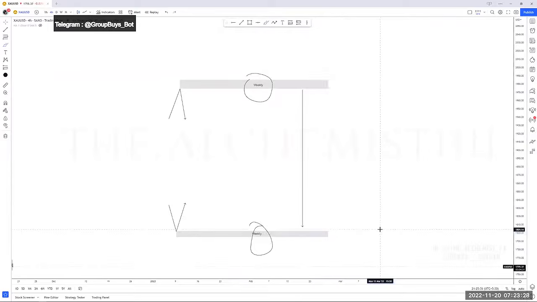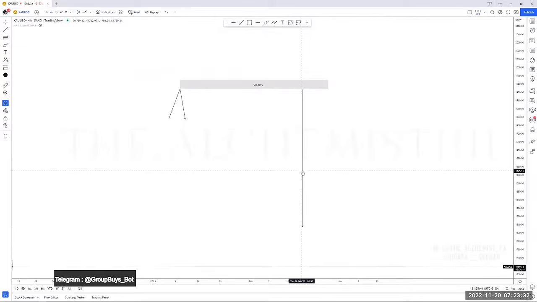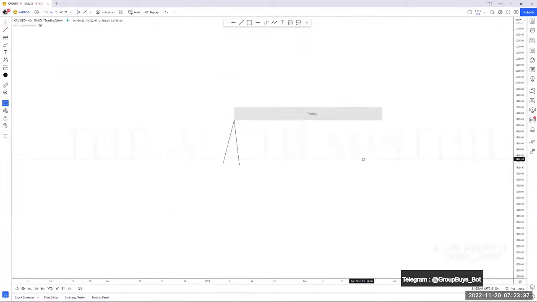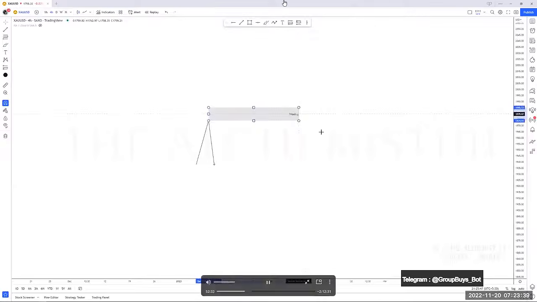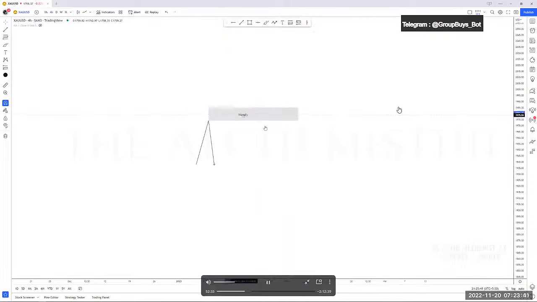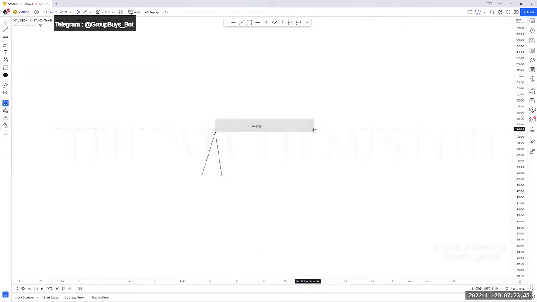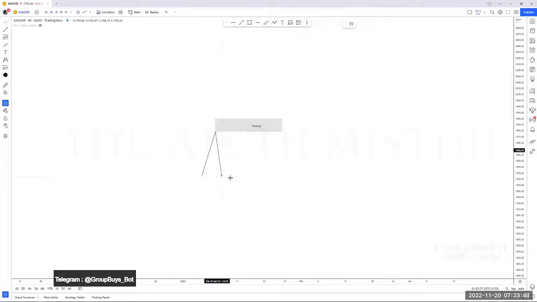Now the next thing is, how does the storyline start, and how does it end? So remember, one thing for us to know that a weekly bearish storyline has started, how do we know that? Remember, this has to happen on the same time frame. Let's say the market started moving up. Now I'm talking about the weekly time frame.